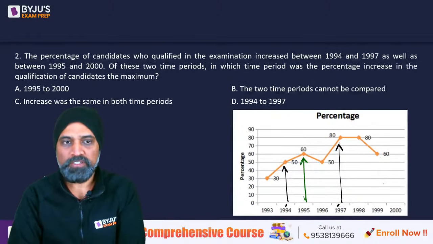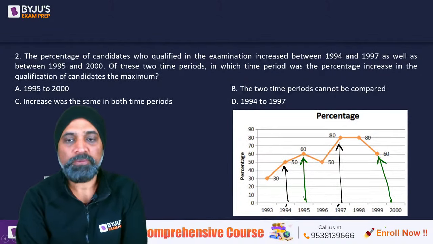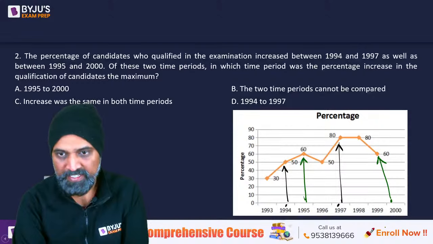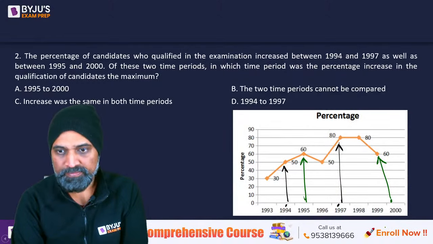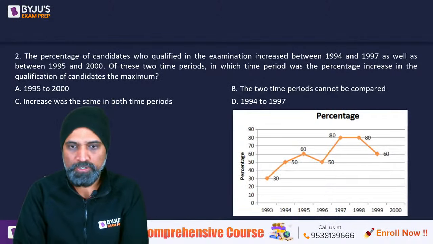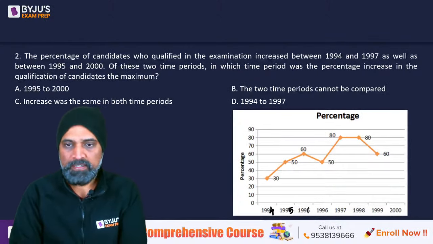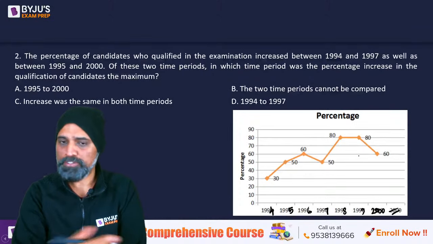So did we have 2000? Okay, so 2000 data is a mess. So it's from 93 to 99, right? I think there is a data issue here. This should be 94, 95, 96, 97, 98, 99, and this should be 2000. Then only this will make sense, right? The information given in this.